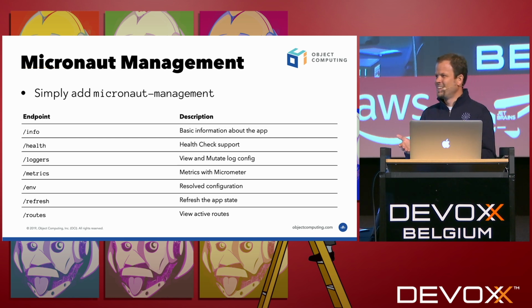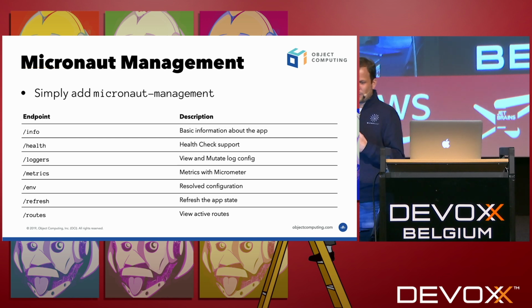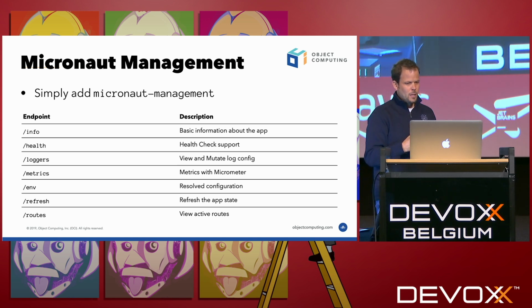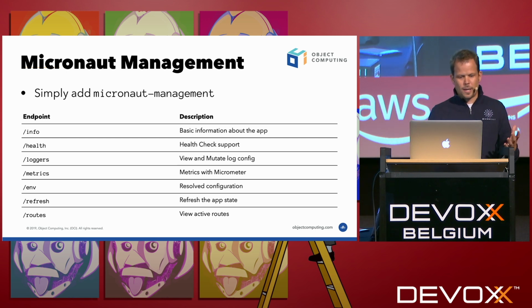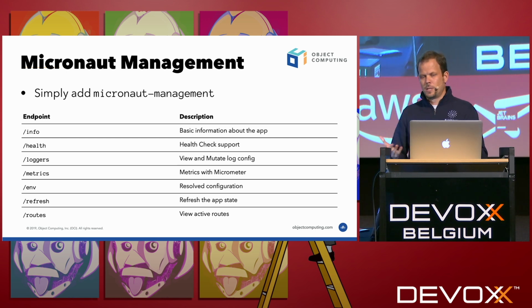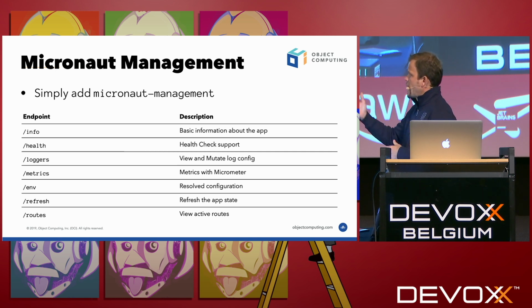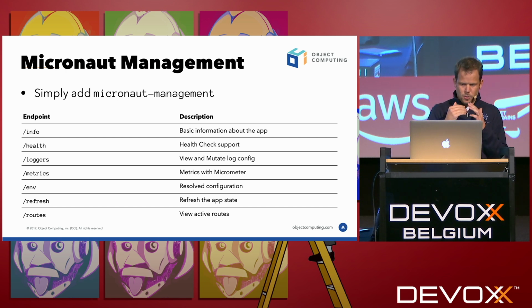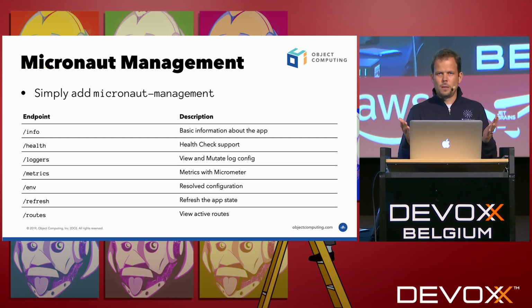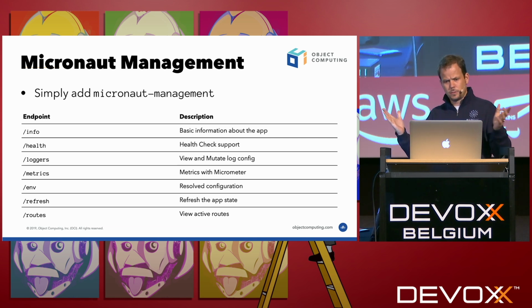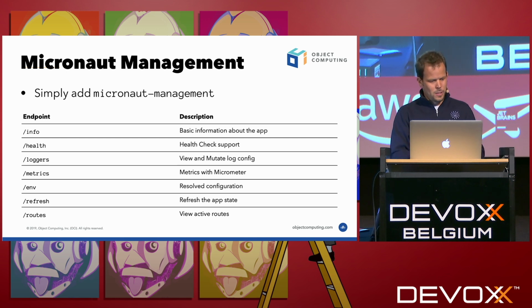No, that's not the goal with Micronaut. We want to be able to build real world apps that mean that you can continue to have features like management endpoints that expose health status, that expose information about your app, that allow you to mutate your log configuration, that allow you to look at the metrics of your application, and we support metrics via Micrometer, I'm not sure how that's pronounced.